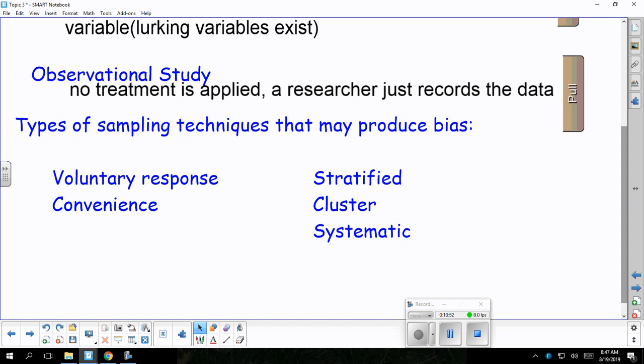Different types of sampling techniques may produce bias. Some of these almost always produce bias, but it's important to know that not all the time.